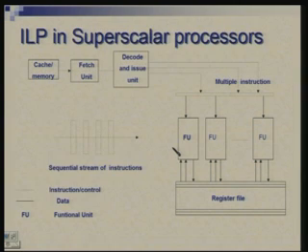On the other hand, superscalar architecture will have a complicated decode and issue unit, which will look at many instructions which are fetched simultaneously, pick up the right ones out of these and then assign them to different function units to do them in parallel.